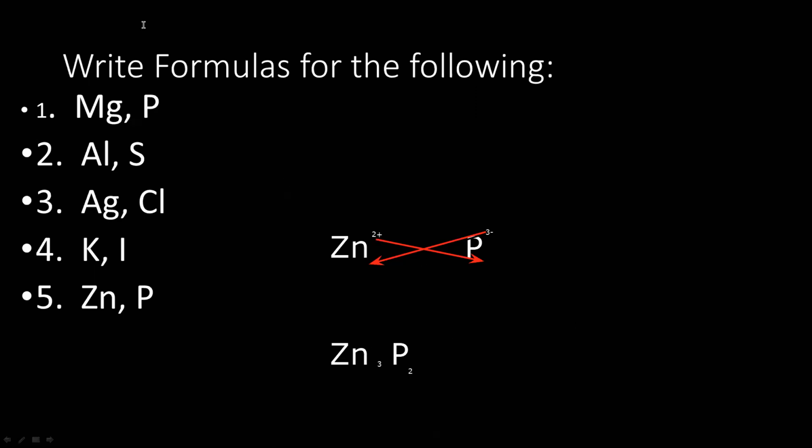But what that is really saying in a textual way is it takes 3 zinc to electronically balance 2 phosphorus. That's some excellent spelling I did there, isn't it?